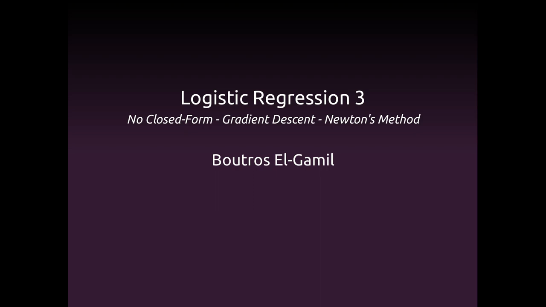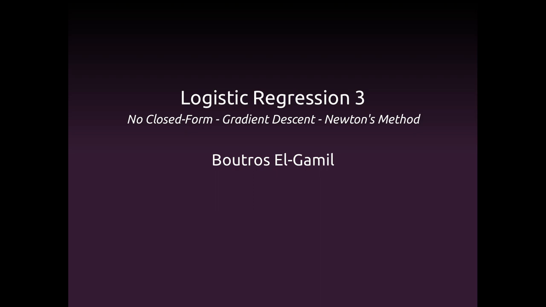Hello. In the previous two videos, I have talked about the logistic regression method, about the idea, the motivation, the theory behind it, as well as the cost function and how we can find a proper cost function using the method of likelihood.